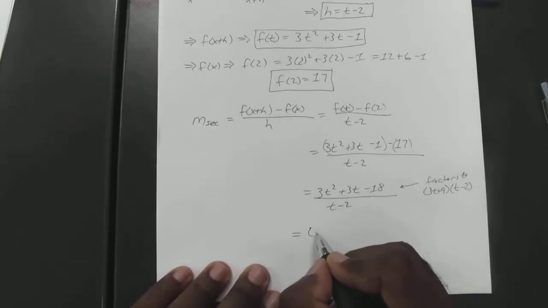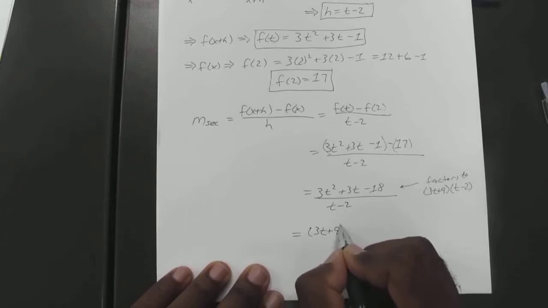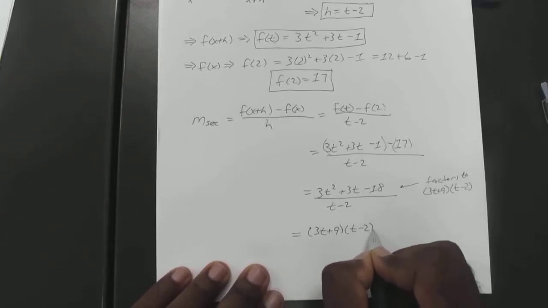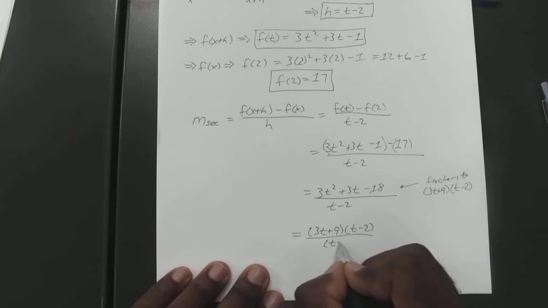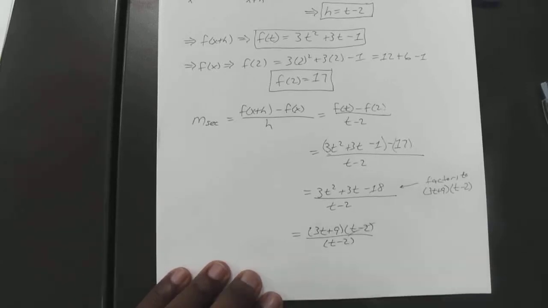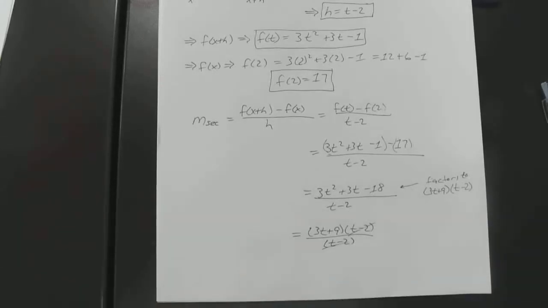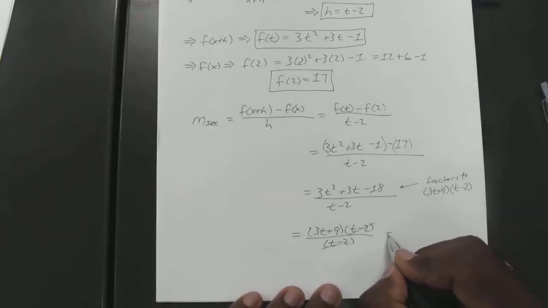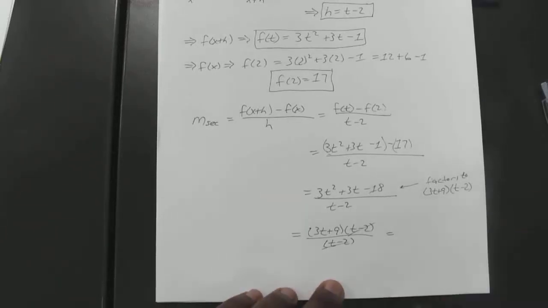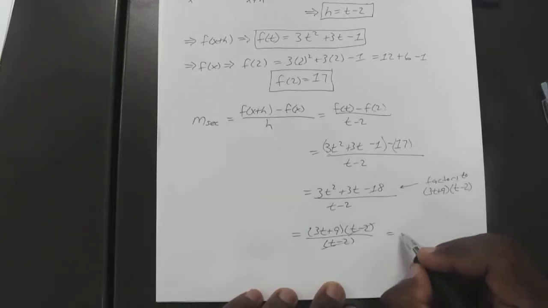So you end up with 3t plus 9 times t minus 2 all over t minus 2, where those two just cancel each other out. So you end up with a secant slope function of 3t plus 9.